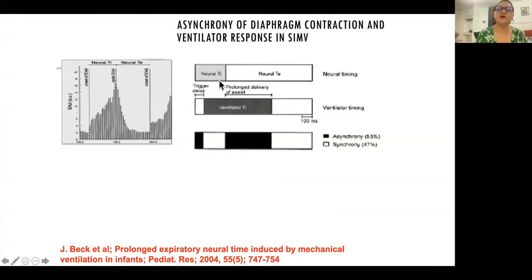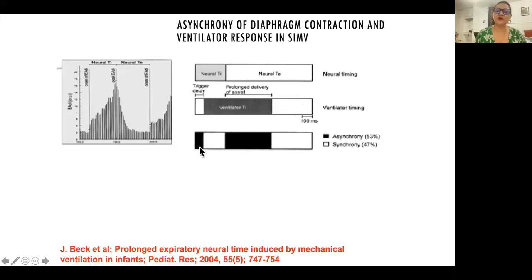And then during the neural expiration, the baby's neural activity has stopped and expiration has started, but the ventilator continues to give inspiration, and then the expiration starts.